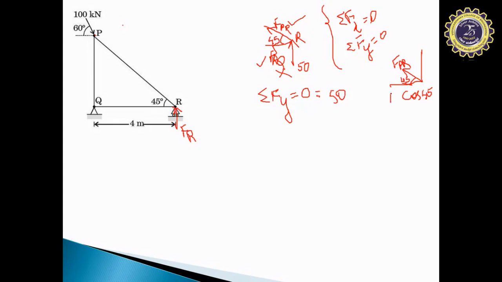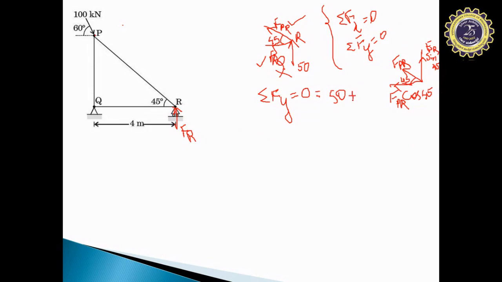So this is our FPR cos 45. Since this is the cos component, this will be sine 45. Force FPR into sine 45. Now, since we are concerned with only the y component, it is positive.